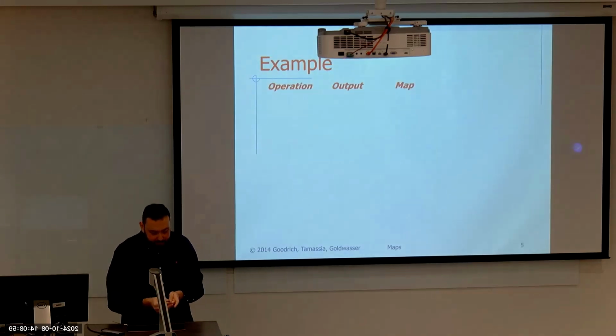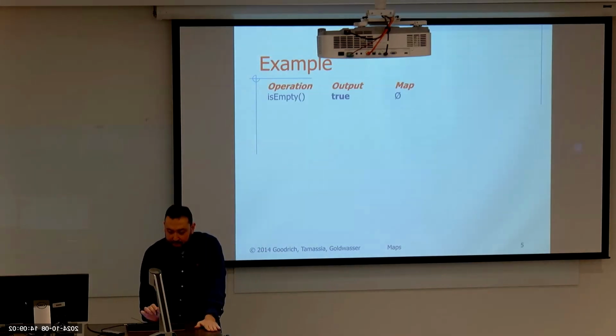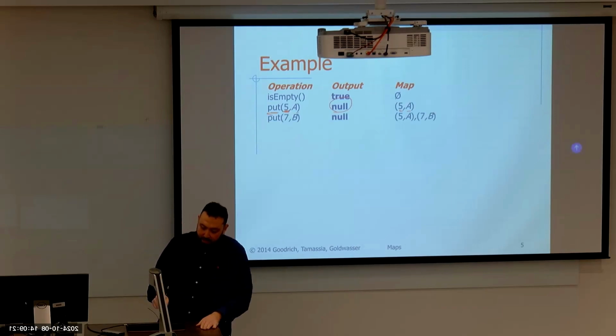So let's take an example here. If I do this operation is empty and I have an empty map, it's going to return me true, Boolean. Now, if I put 5 and A, 5 is the key, A is my element. It will put 5A, it will return me null, the put. Now, if I put another one, I want to put 7B.